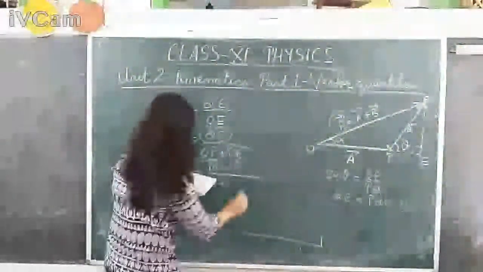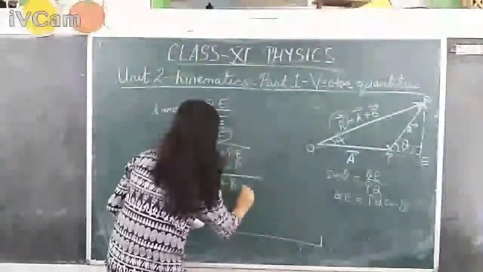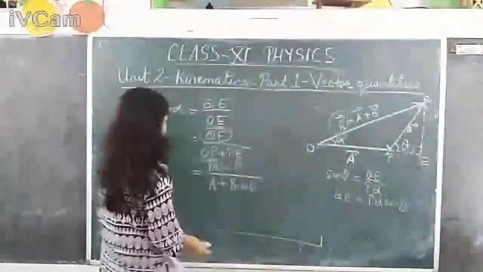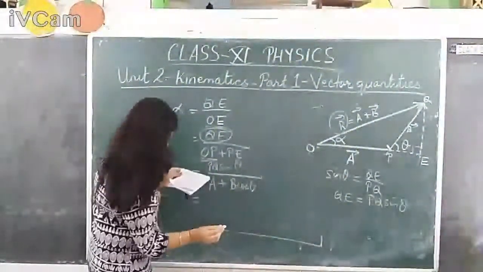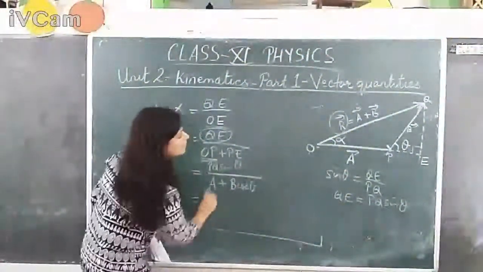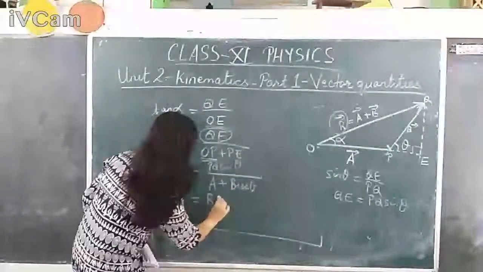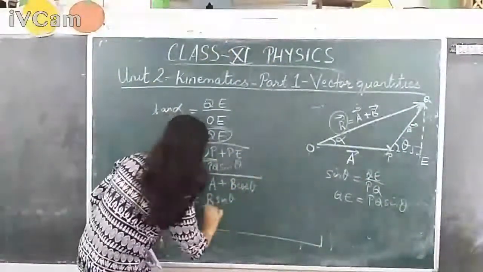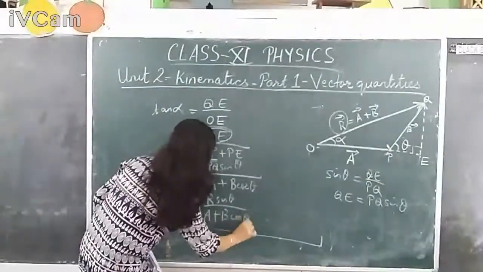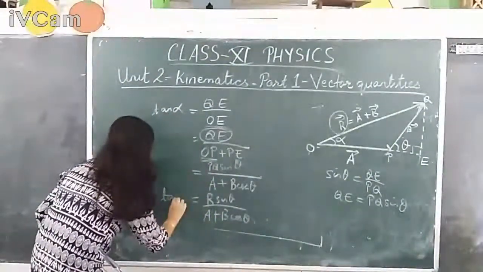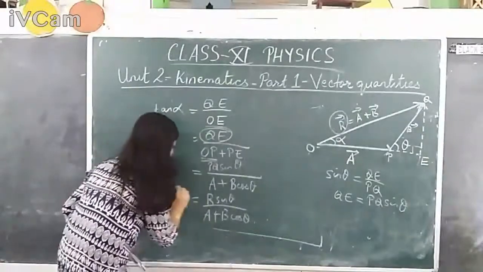PE was nothing but B cos theta, which we had reduced earlier. Now PQ happens to be our B, so tan alpha is B sin theta divided by A plus B cos theta, which will give you the direction or orientation of the resulting vector.